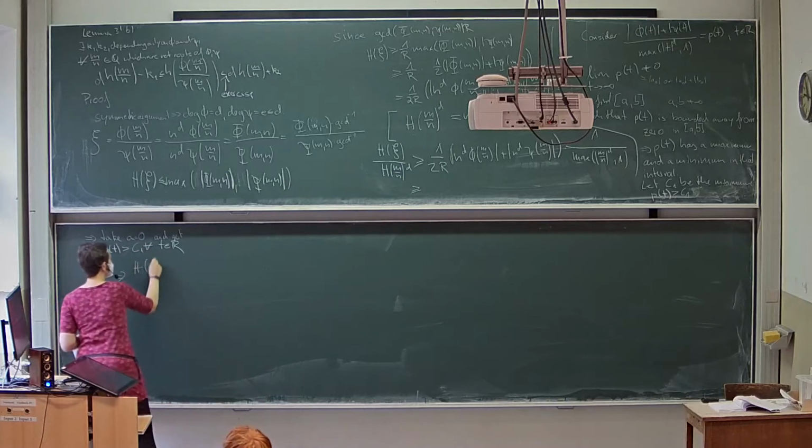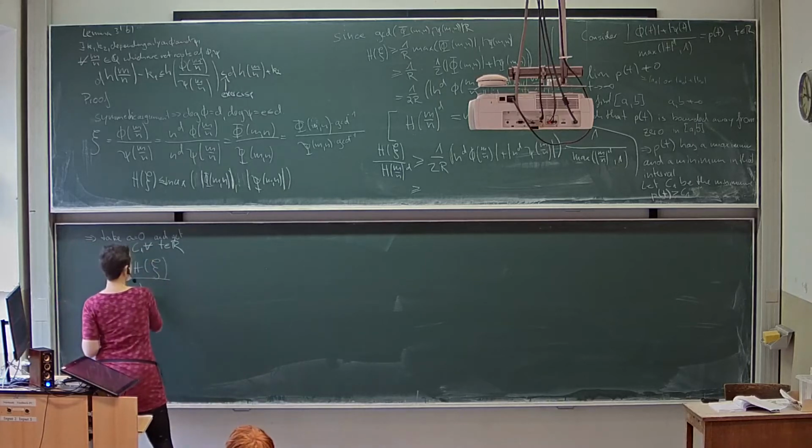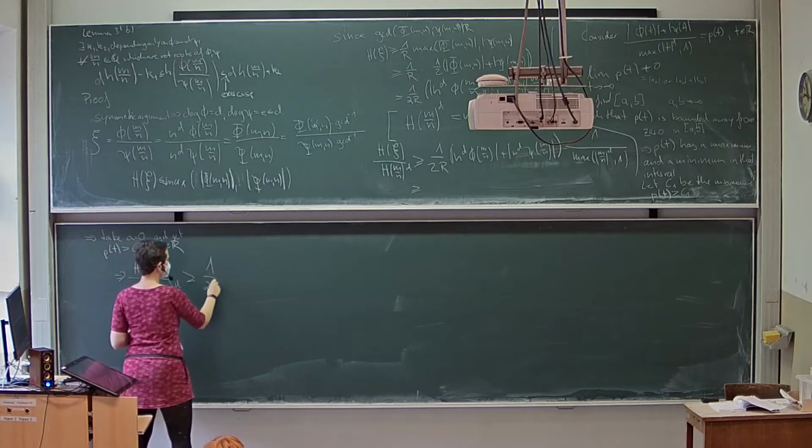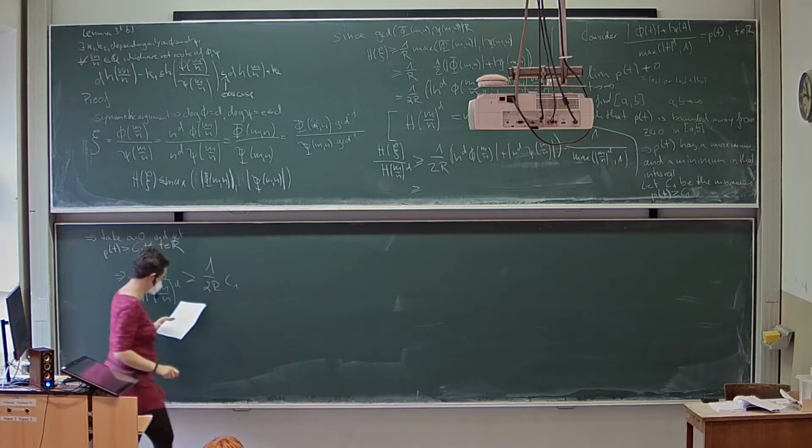and hence this height of zeta over height of m over n is bounded by this.